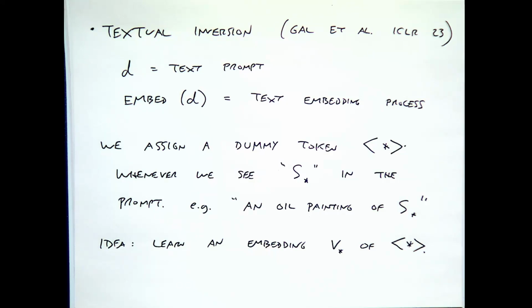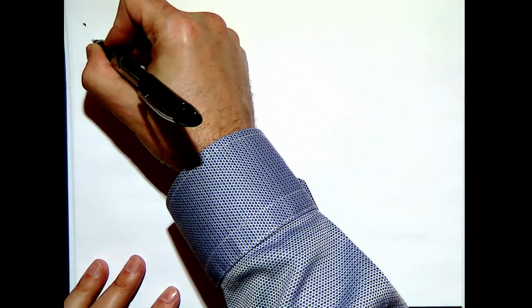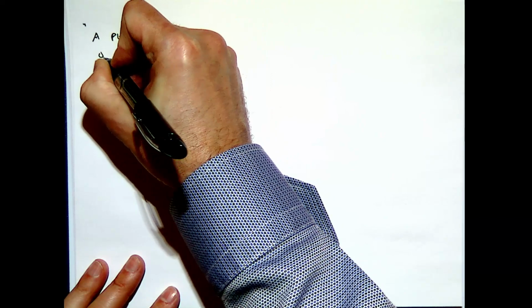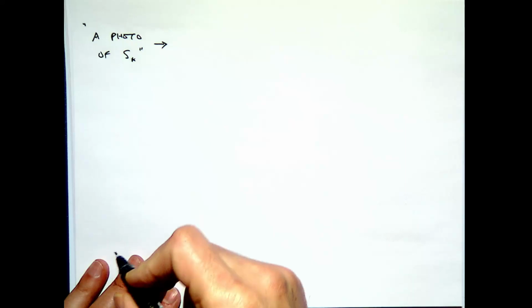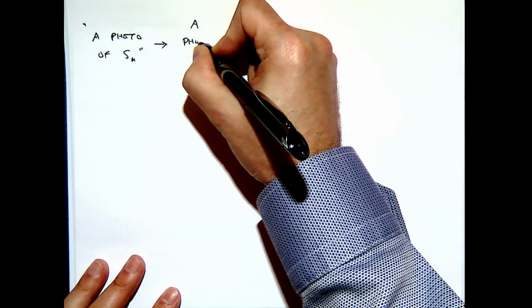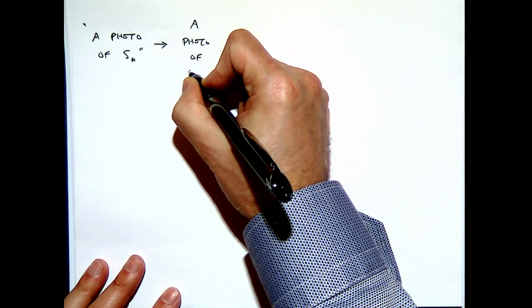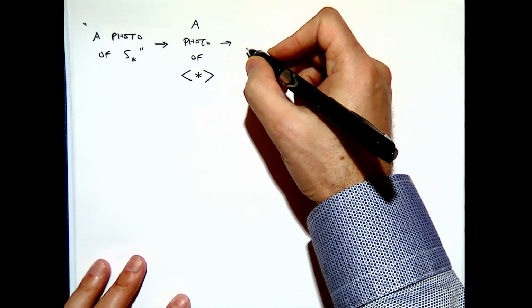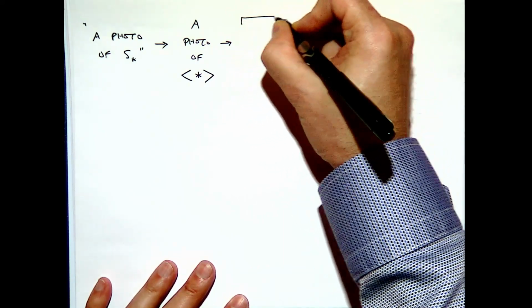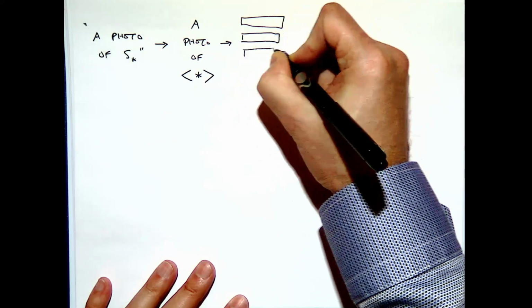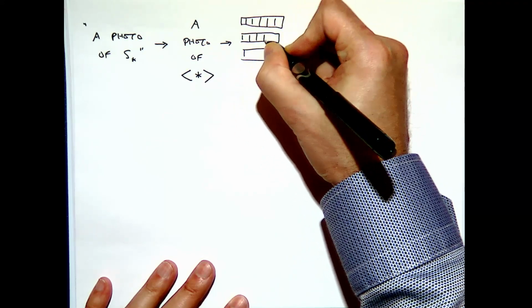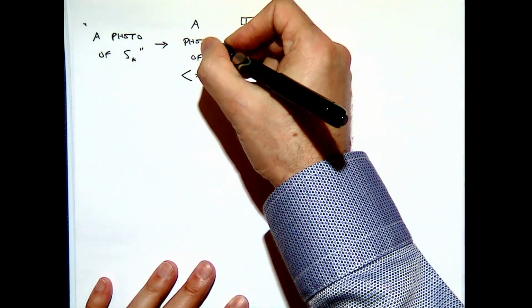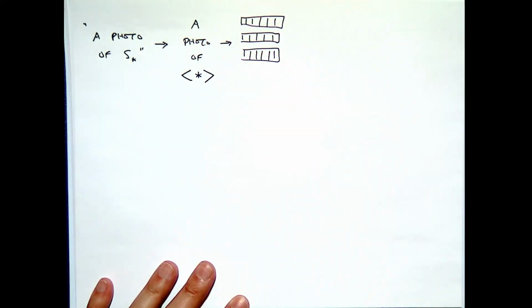And so the process is the following, right? I take my prompt, like a photo of S star, that gets turned into a bunch of tokens. And then this goes into a bunch of token embeddings. A photo of goes into stuff that we already know we don't want to change, right?